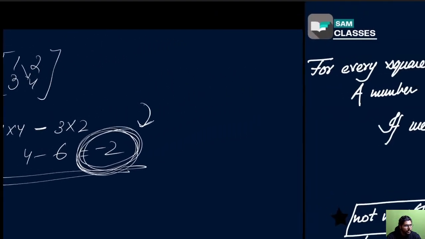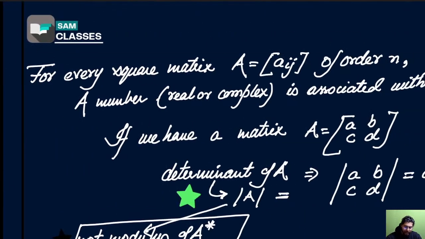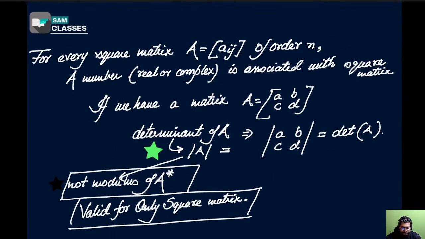I think everybody knows that. Let's go to the next part. For every square matrix, there is a number; it can be real, it can be complex. Sometimes people tick that the value of a square matrix always comes real, but that is not the case.